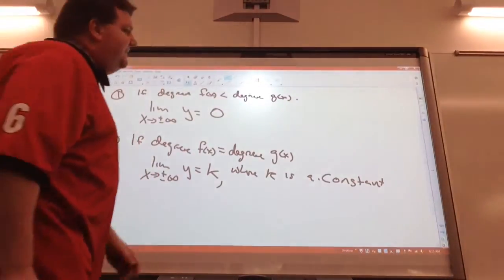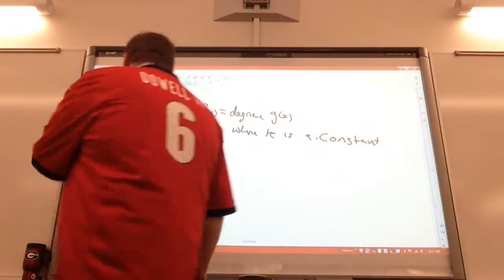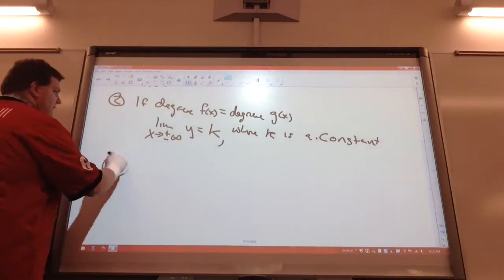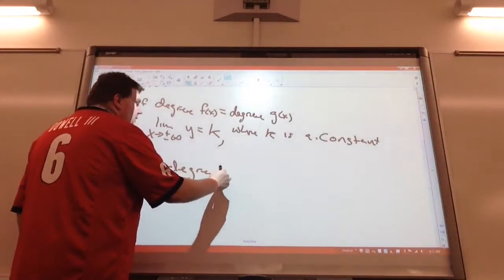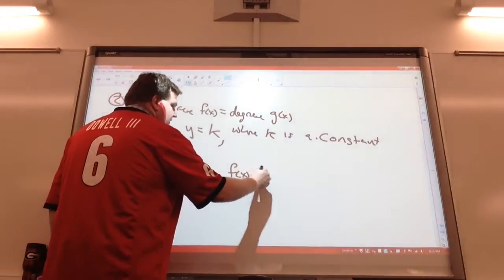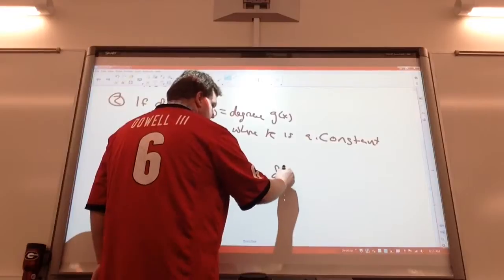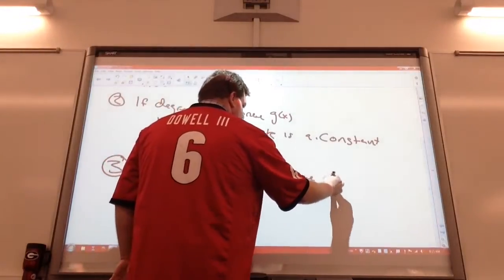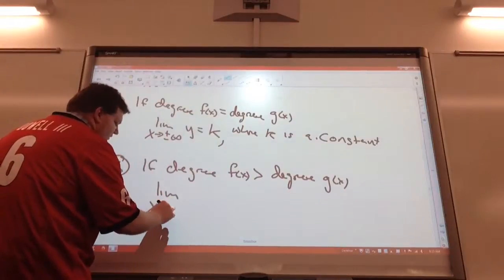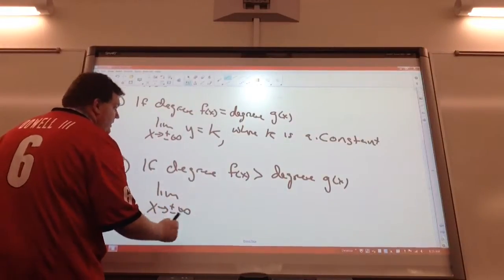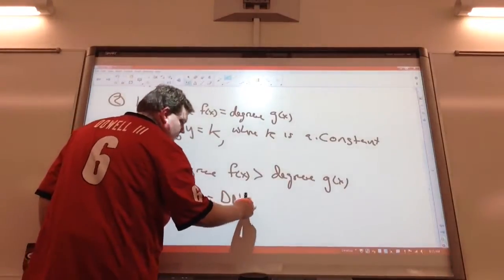The last situation, because we're going to look at all three of these examples, is if the degree of f of x is greater than the degree of g of x, then the limit as x goes to plus or minus infinity does not exist.